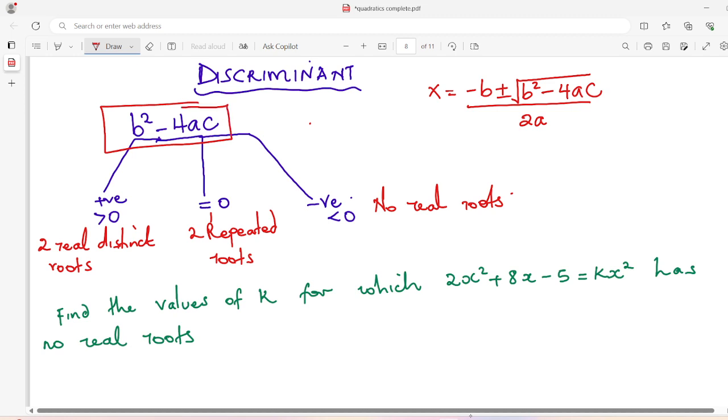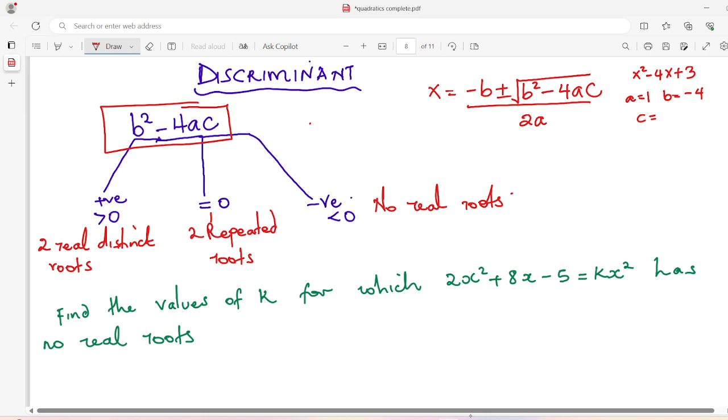So if you have it positive, it means you can solve that quadratic equation. For example, if I have a quadratic equation which is x squared minus 4x plus 3, the a is 1, the b is negative 4, and the c is 3.